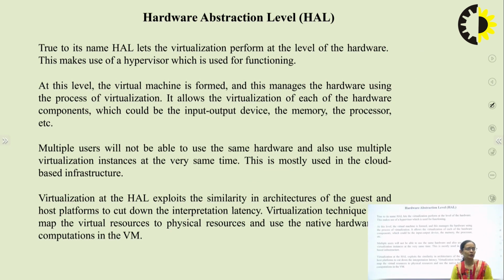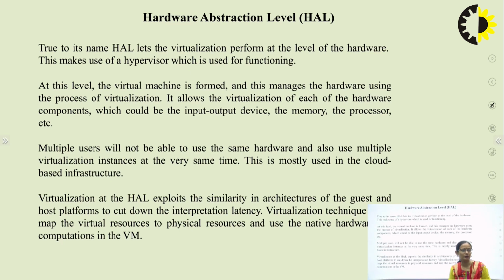Hardware level, true to its name, lets the virtualization perform at the level of the hardware. This makes use of a hypervisor for functioning. At this level, the virtual machine is formed, and this manages the hardware using the process of virtualization.